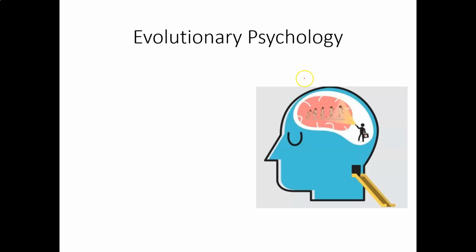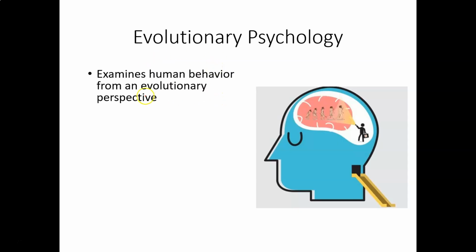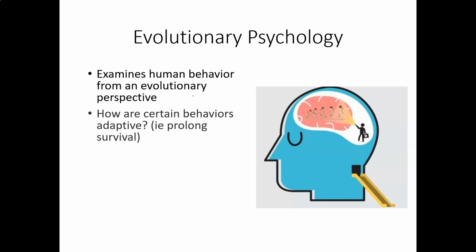One last piece of this lecture is something called evolutionary psychology. It is a subdivision of biological psychology. I'm not an evolutionary psychologist, but there are evolutionary psychologists who study human behavior within this field, studying human behavior from an evolutionary perspective. So they're trying to understand the why or the adaptiveness of human behavior.